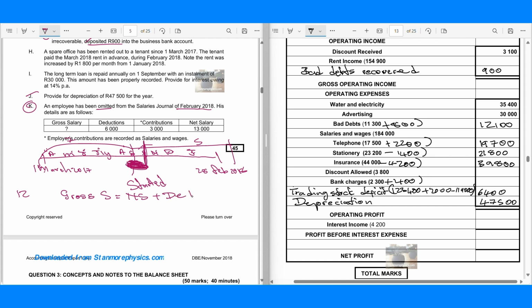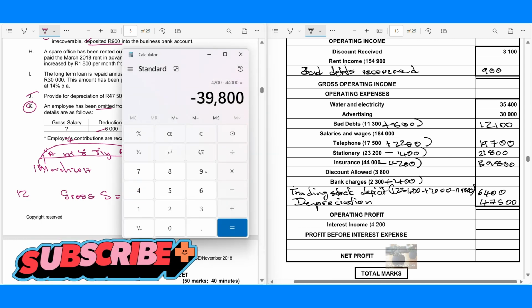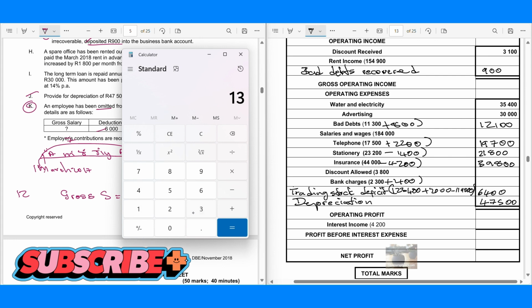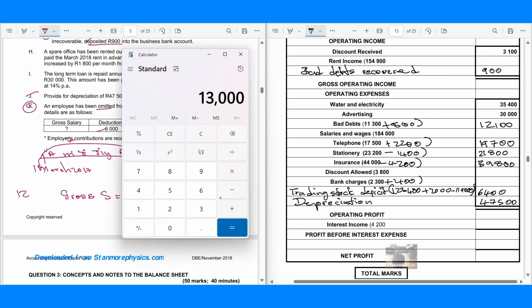You know that. So when you add the two, you're going to get your gross salary. So 13,000 of net salary plus 6,000, you're going to get 19,000. So 19,000 is your gross. Come and record it here.